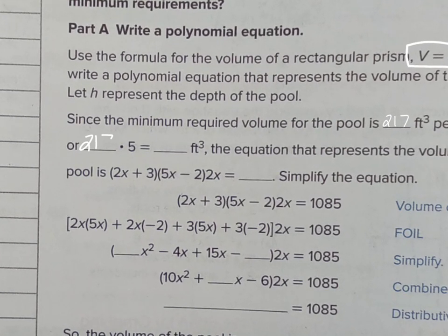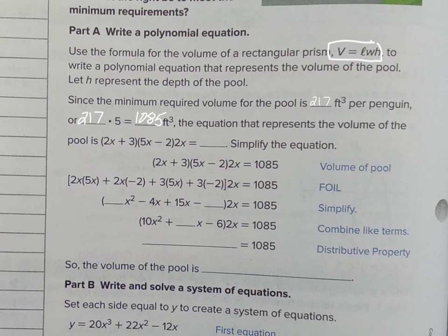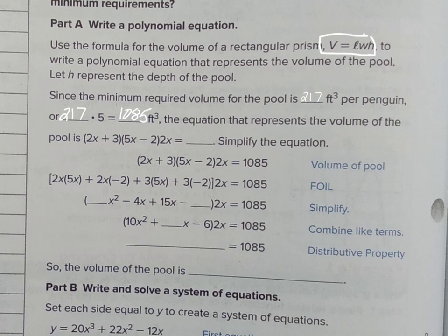Yeah, 217 times 5, and what do we get when we do that? 1,085. 1,085 cubic feet. That's the minimum. So that's how much we need for our 5 penguins.